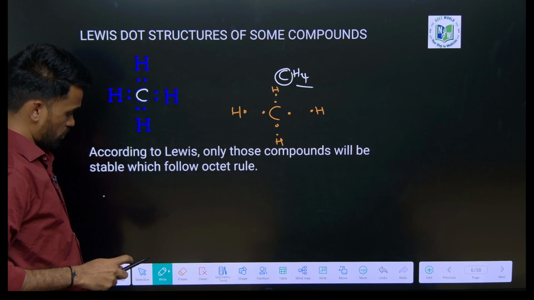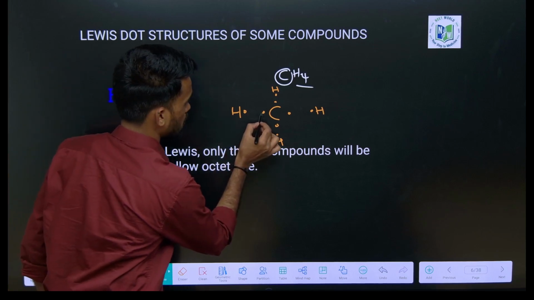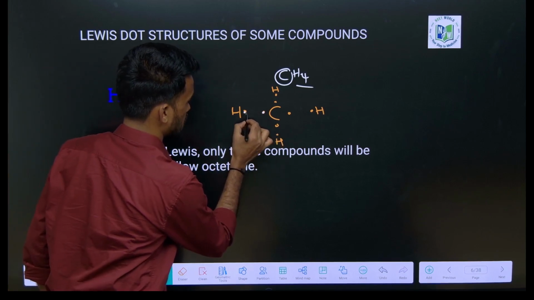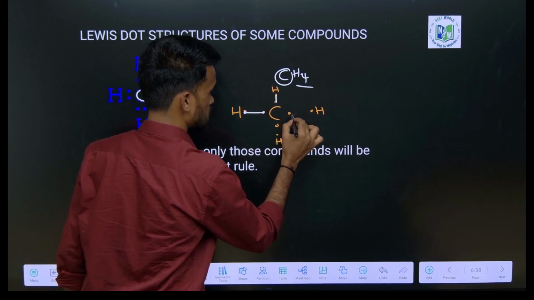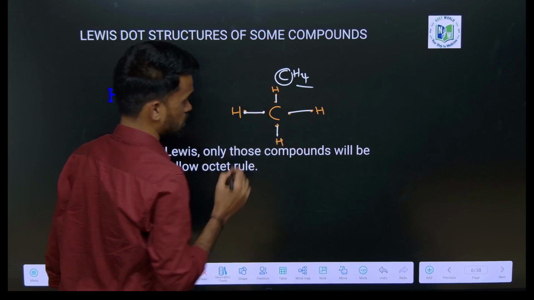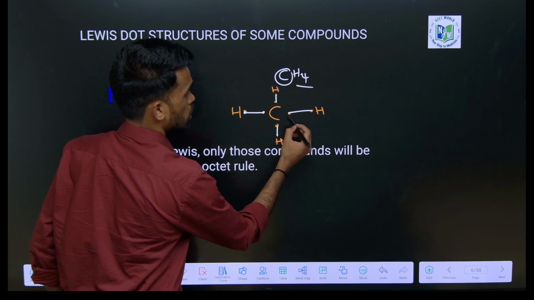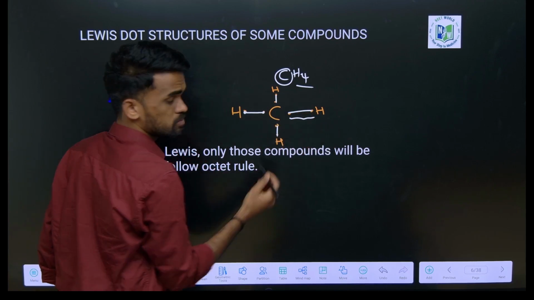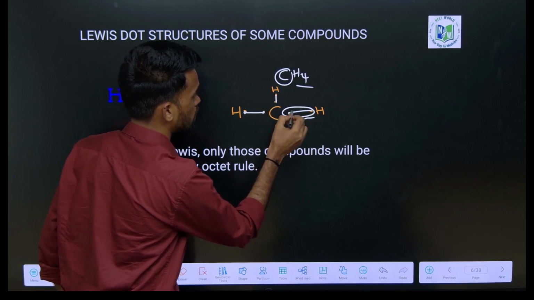Now here you can make a bond. This electron and this electron will pair up to form a bond. After forming these bonds, how many electrons are there around the carbon now? By sharing of these 2 electrons between the 2 atoms, we got a pair of electrons. So how many pairs are there? 1, 2, 3, 4.